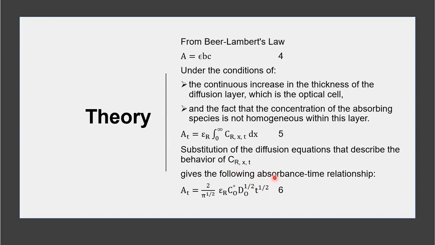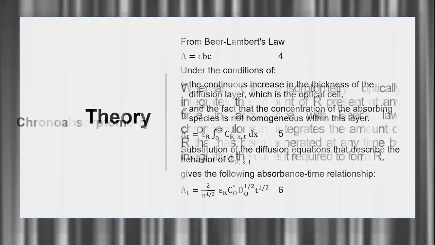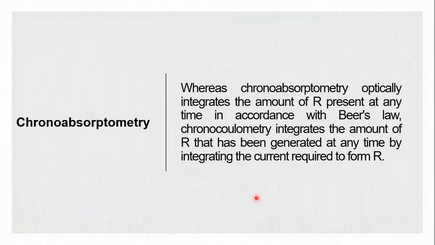From the integral we get this value over here, which includes the value of the diffusion constant as well as time. So using that equation, which is just written, we can calculate the absorbance at any time t.